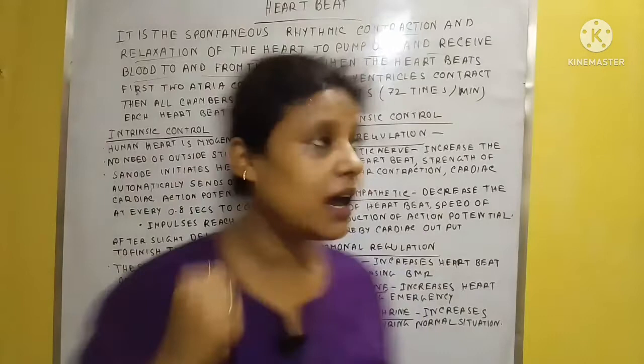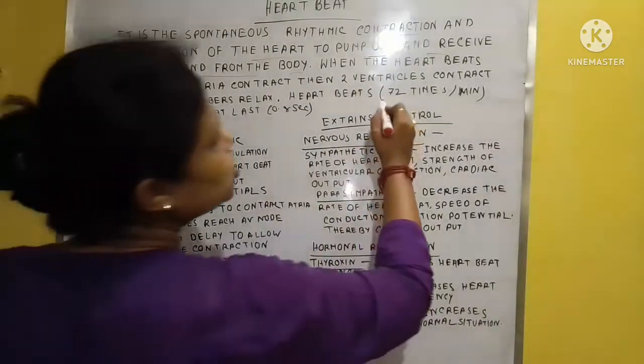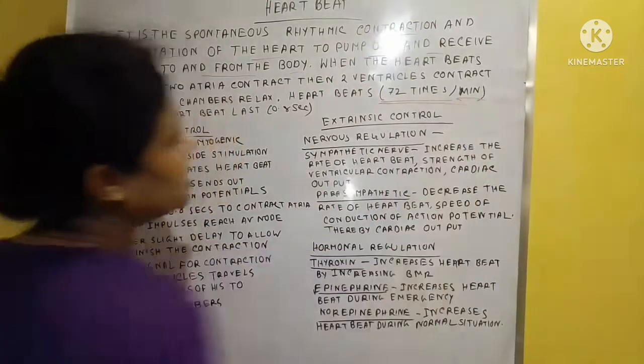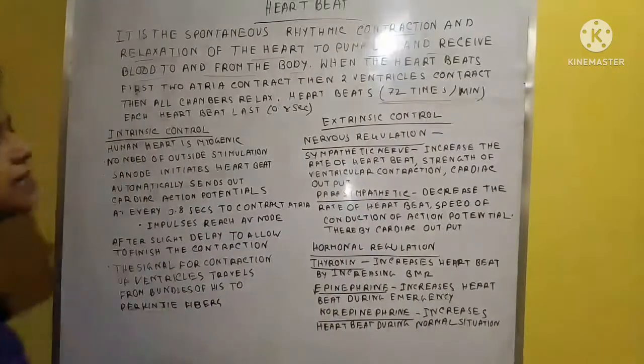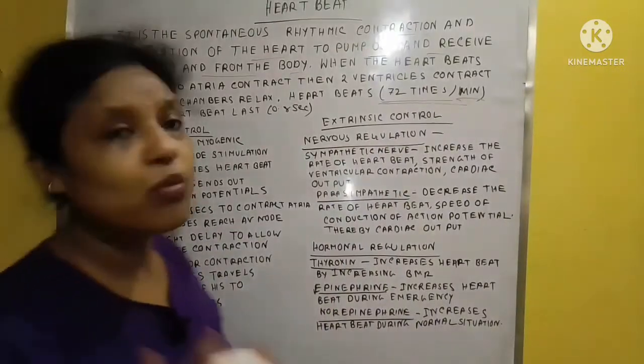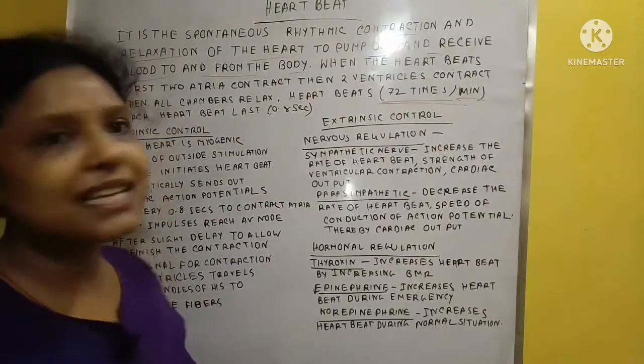We can hear the heartbeat, and generally it is 72 times per minute. In one minute, the normal is 72 times, and sometimes it is more than 72 times, or sometimes lower than 72 times.